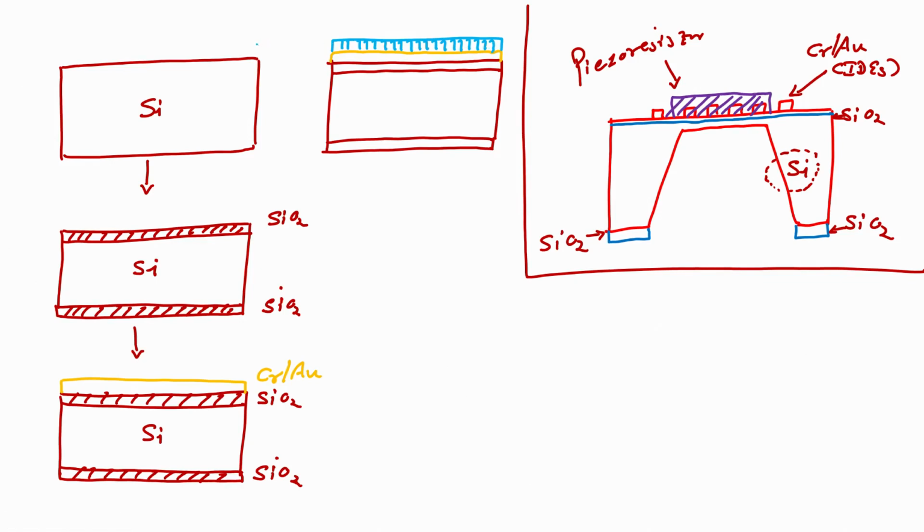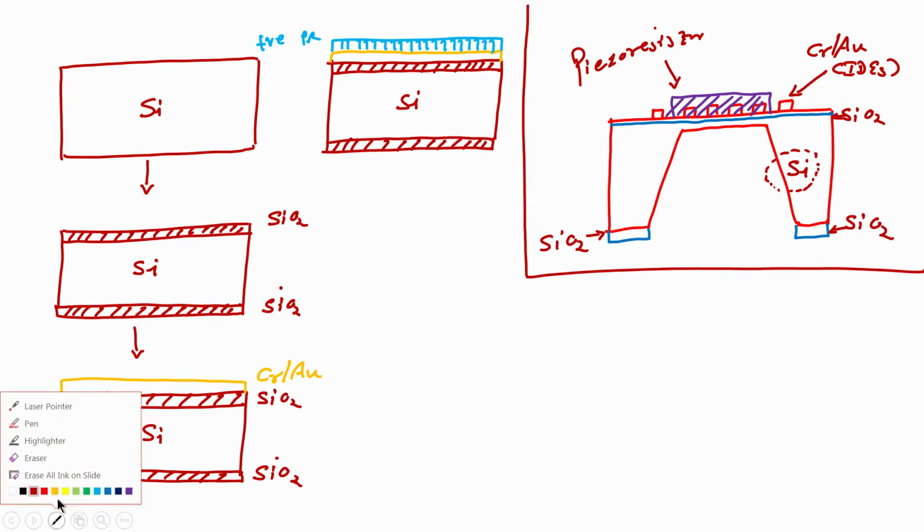This is my positive photoresist. Then what else do I have? I have silicon dioxide. Here also I have silicon dioxide, this is silicon, and then I have chrome gold. This one is chrome gold. What is the next step?